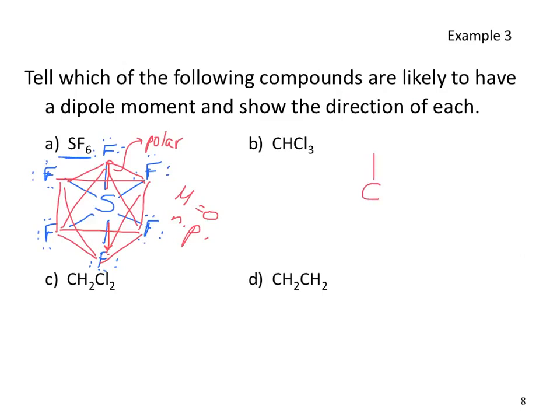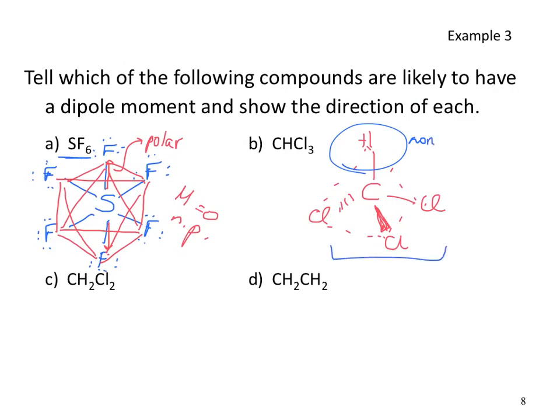Consider CHCl3. That's going to be a tetrahedron based on the VSEPR again. The top part of the molecule is going to be pretty greasy, so this is a nonpolar end. Whereas the bottom part of it, where you have the 3 chlorines, yes, you will see polarity.